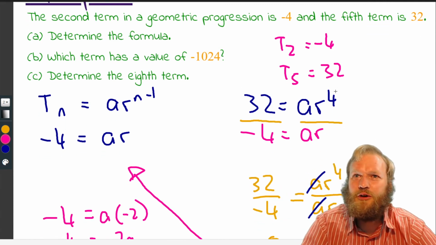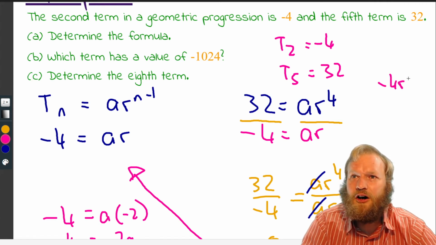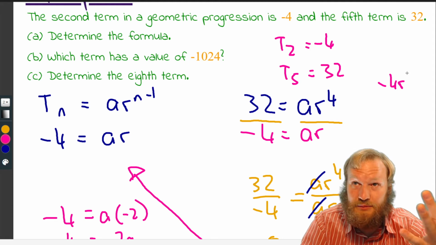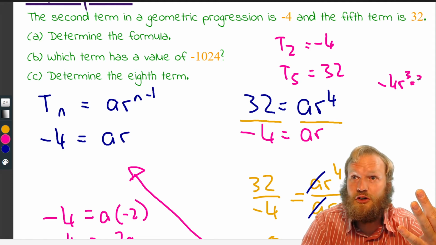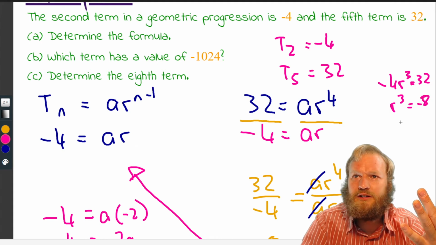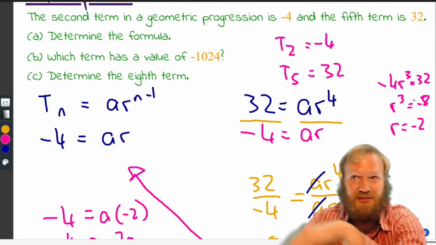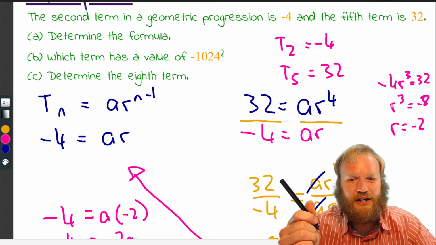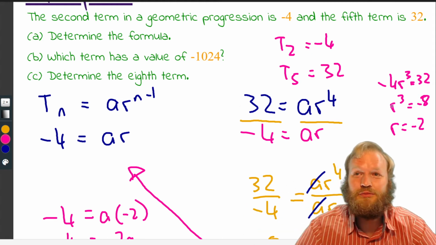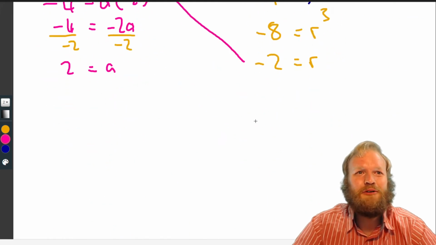In other words, we must be multiplying -4 times r times r times r to get to 32. Hey, we're actually getting the same equation in the end. So just a quick aside, interesting. Do you want more on that? Then maybe we'll get there. Yeah, so there's a nice one.